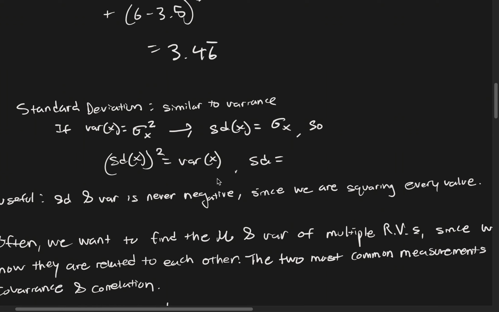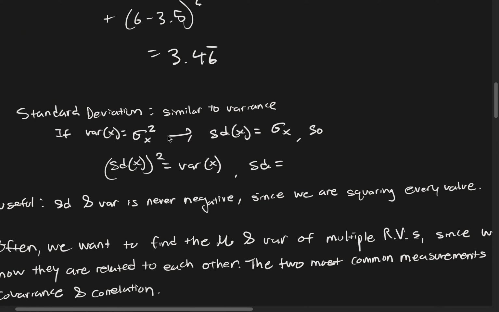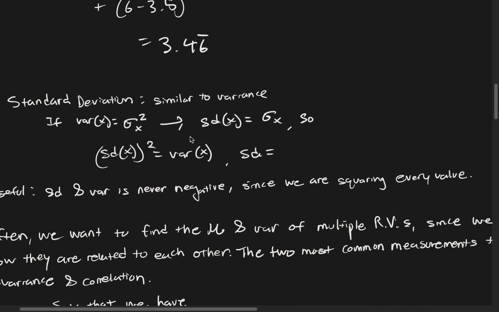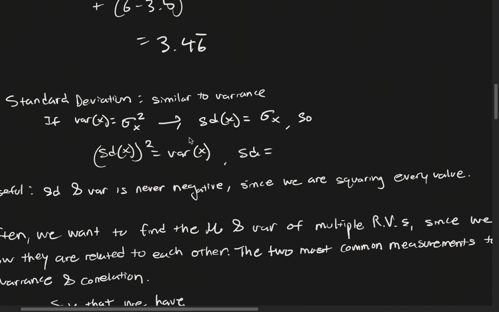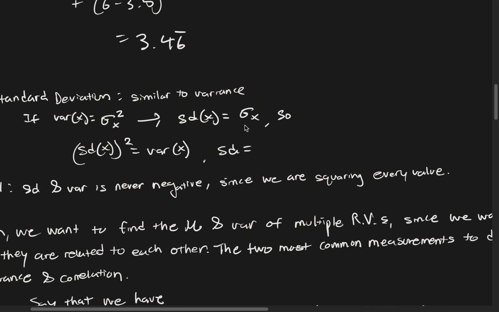Okay, so a similar statistical characteristic of the variance is the standard deviation. And the standard deviation mathematically is pretty similar to the variance. Again, if variance of x is denoted as sigma squared of x, then the standard deviation of x is just sigma of x.